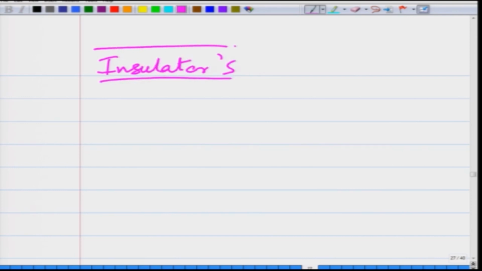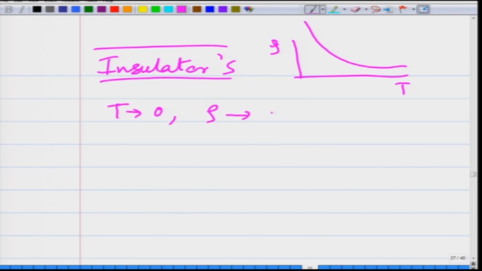This is one of the biggest failures of Drude's theory, because in insulators, if you look at the behavior of resistivity as a function of temperature, the resistivity actually diverges as you lower the temperature. As T tends to 0, the longitudinal resistivity actually tends to infinity, it becomes infinitely large in an insulator.